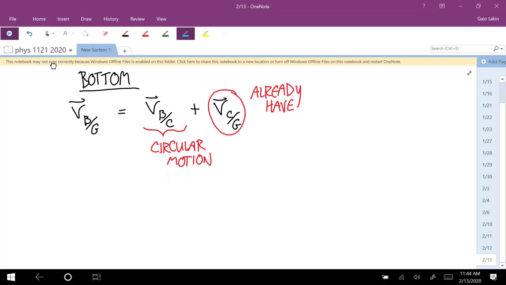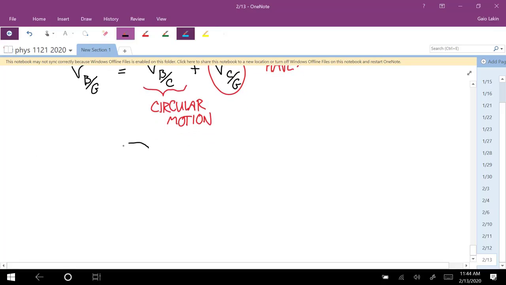Okay, so let's think about the circular motion. It's going this way, that's the angular velocity and the angular acceleration.